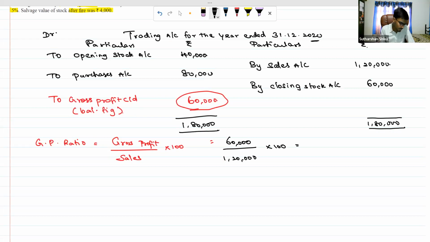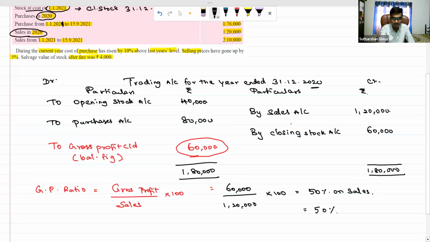The value is 50% on sales. It is not on cost, it is on sales. In short, the GP ratio is always based on sales. It is equal to 50%. This is my first step.